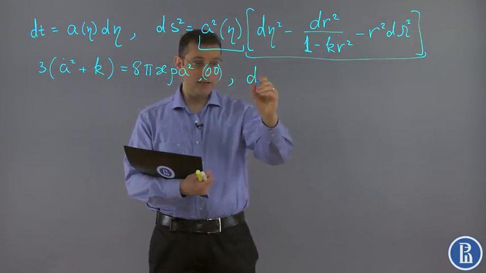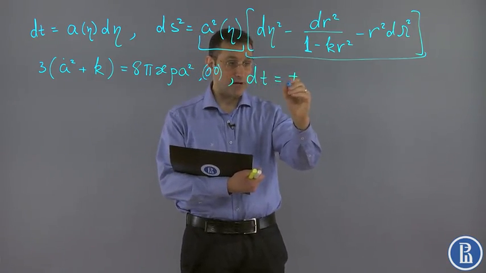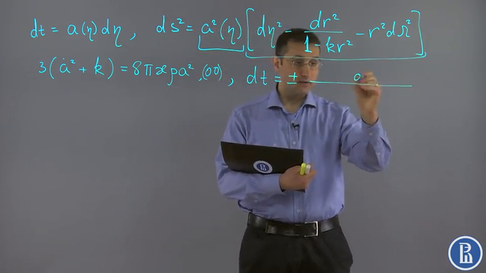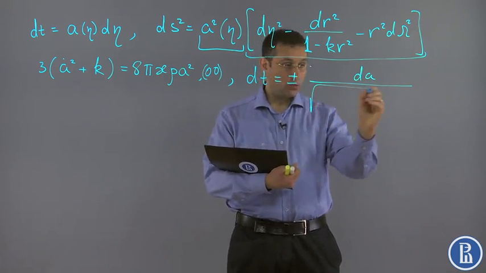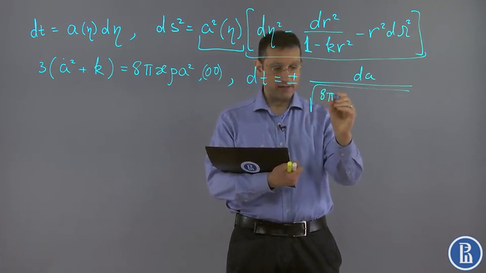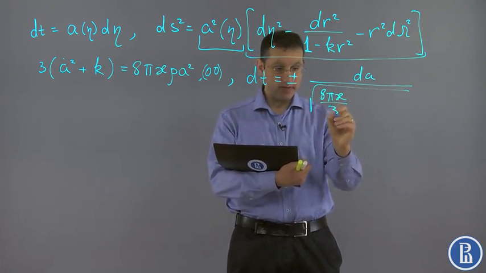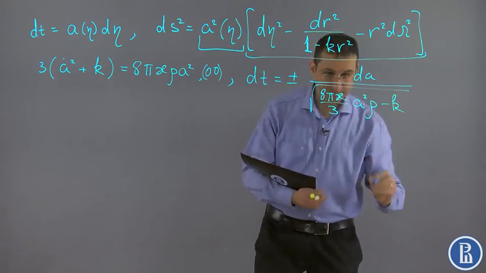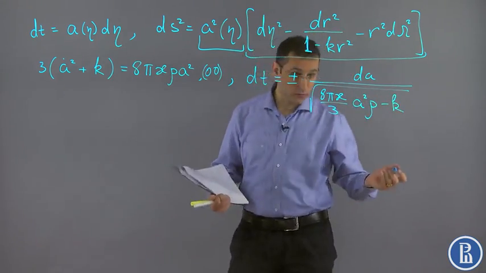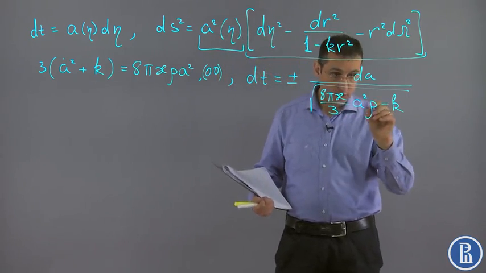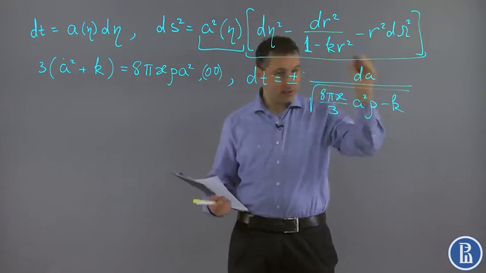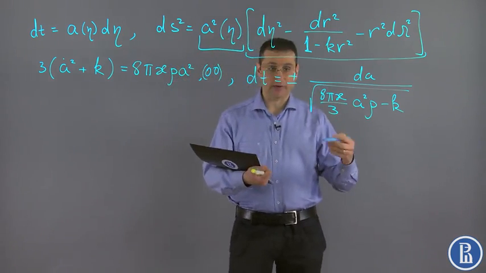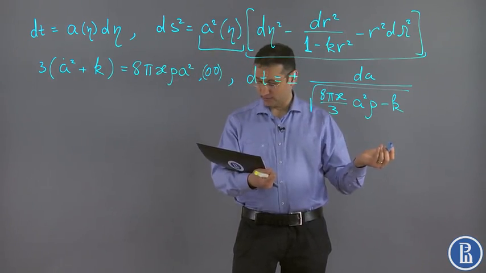We obtain that dt is equal to plus minus, because we have to extract a square root, dA over the square root of 8 pi kappa over 3 a squared rho minus k. So we have to find rho through a, plug it here, and then integrate, so to say. And plus and minus correspond to the solutions that are related to each other by time reversal.